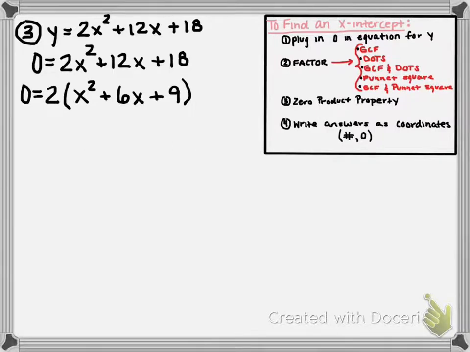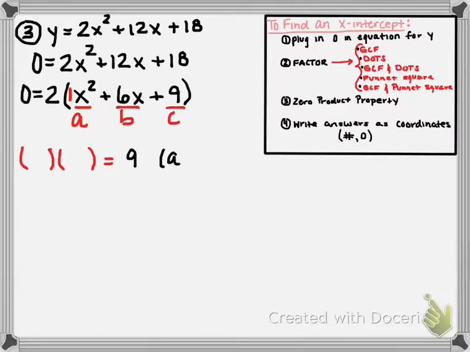Now that I pulled out my greatest common factor, I ask myself, is this difference of squares or does this look like a Punnett square? Because there's 3 terms, I know we're going to go ahead and do our Punnett square. So I'm just going to go ahead and label my A, B, and C. A in this case is just the number 1 up front, B is 6, and C is 9. So with my Punnett square, I want to find 2 numbers that multiply to A times C, which in this case is 1 times 9, which is 9.